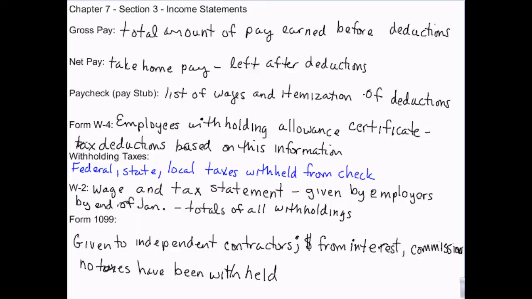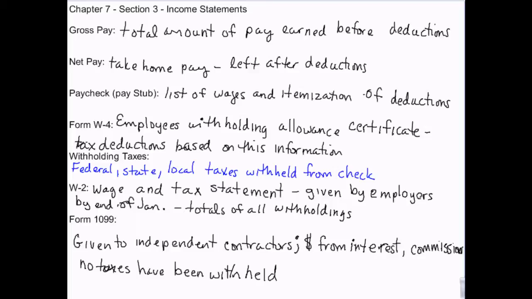Net pay occurs after taxes have been taken out, if you pay for medical insurance out of your check, if you have a retirement account that comes out of your check, disability insurance, life insurance, a flexible spending account for medical expenses, things like that. Those all come out, and then you get net pay.